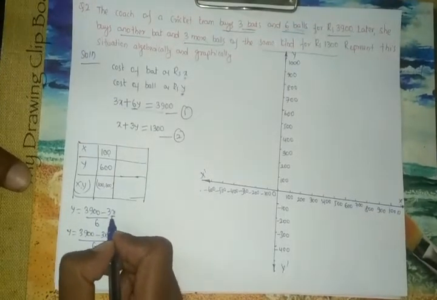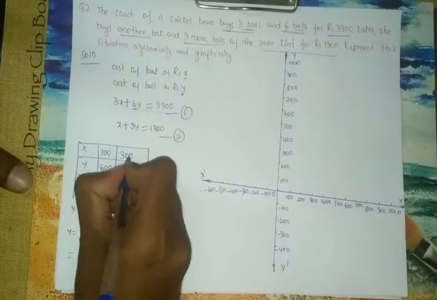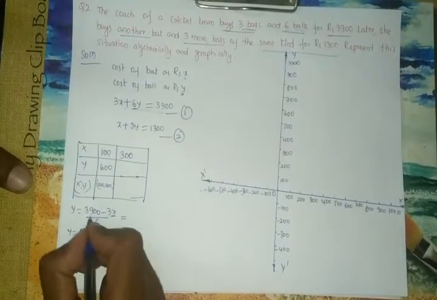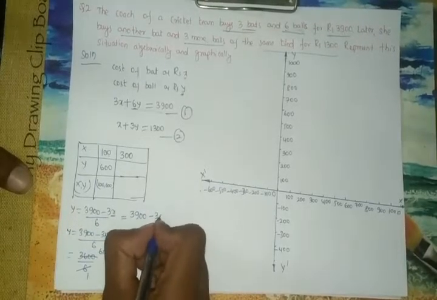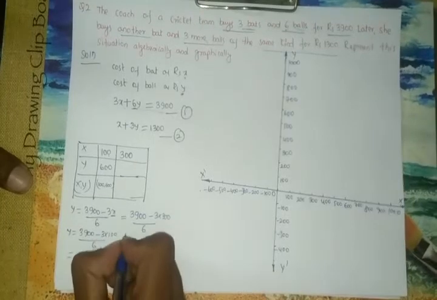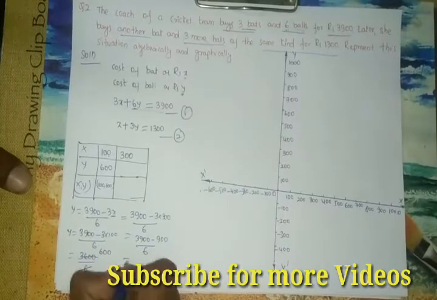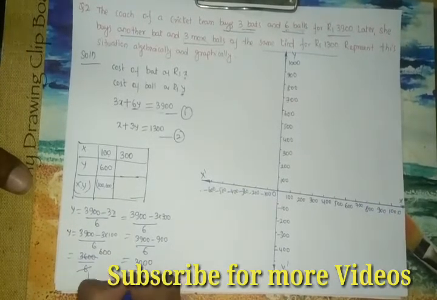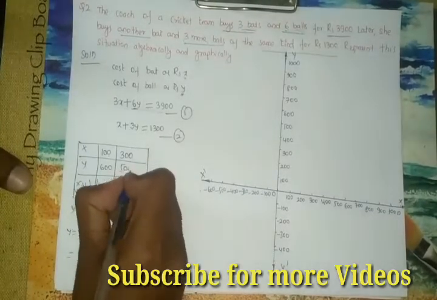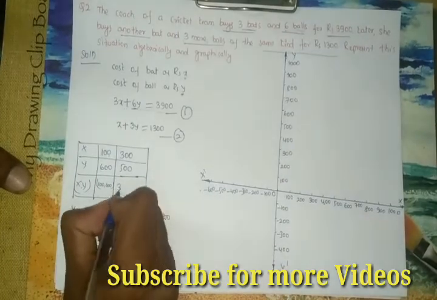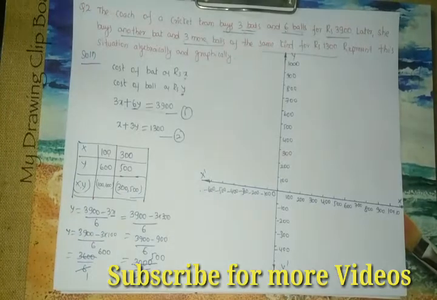So let me try with the value of say 300. When I put x as 300, this is 3900 minus 3 into 300 divided by 6. It is 3900 minus 900 divided by 6, or 3000 divided by 6, so it will be 500. So x comma y is 300 comma 500.